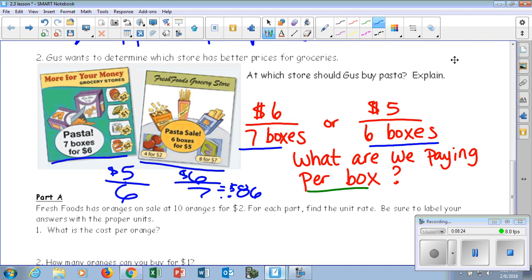Okay, well, let's look at fresh foods. 5 divided by 6, about 0.83 repeating, so about 83 cents. Well, which one is cheaper? When we divide it like this, it's giving us the cost per box. So each box is going to cost us 83 cents. Each box is going to cost us 86 cents.